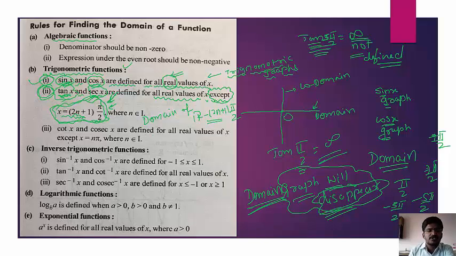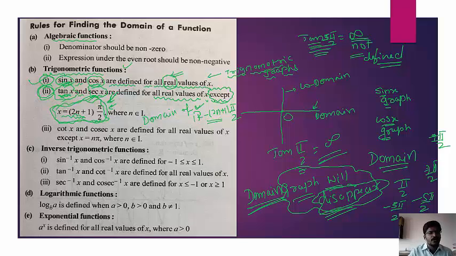You have to remove odd multiples of pi by 2, that's all. Clear? So except odd multiples of pi by 2, for the remaining real values this function is defined, that is tan x and sec x are defined. So the domain of tan x and sec x is real numbers except odd multiples of pi by 2.